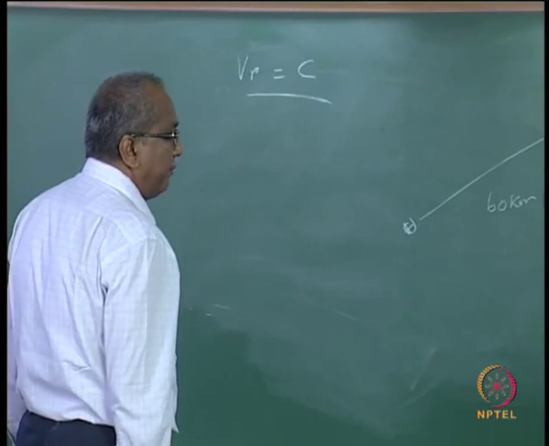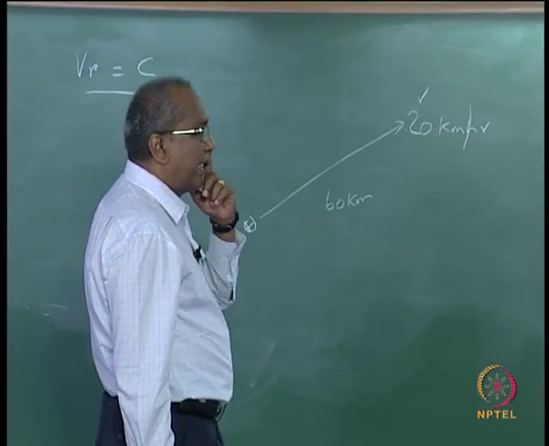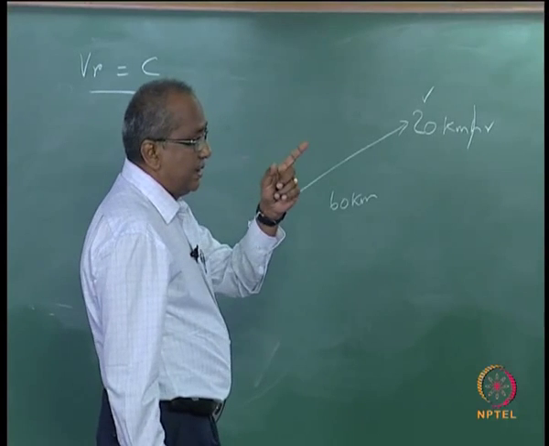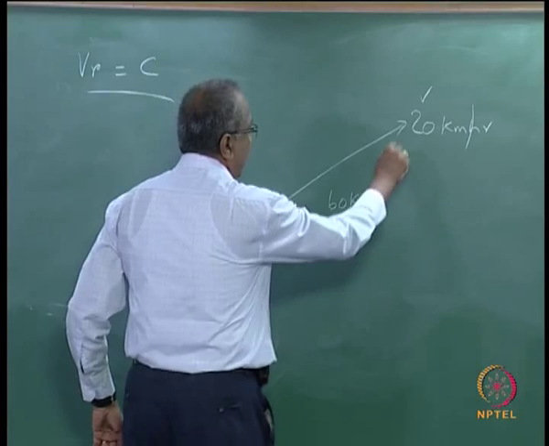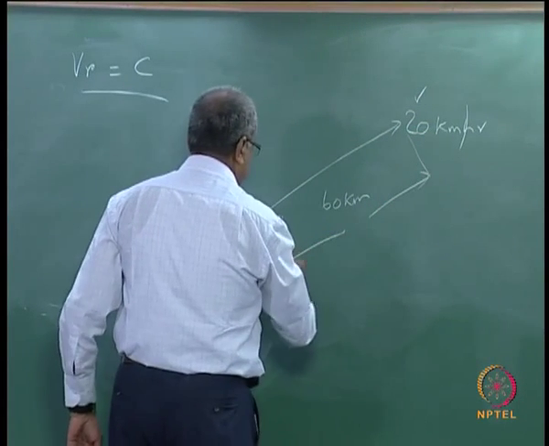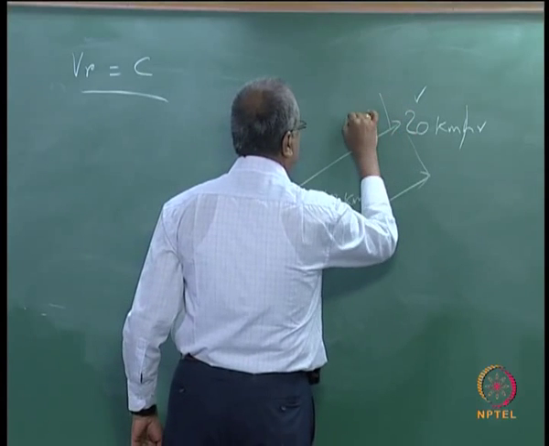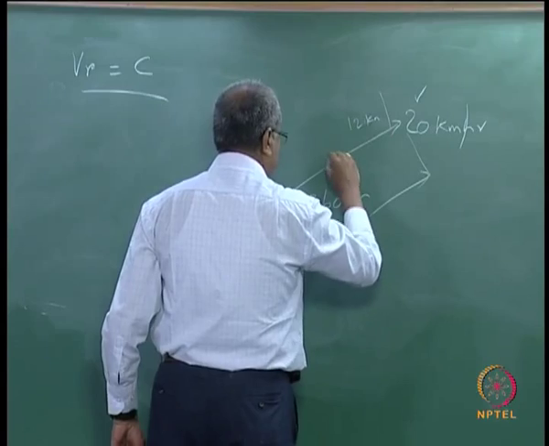What reduction in the barometric pressure should occur over a radial distance 12 kilometers from this point towards the center? So this is 60 kilometers, and what we need is 12 kilometers from this point.